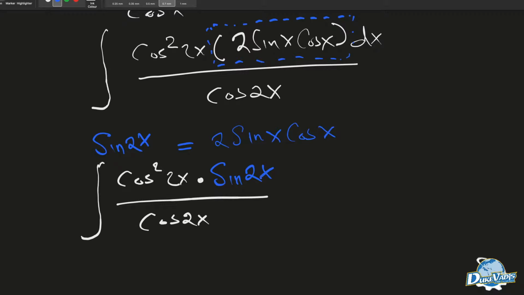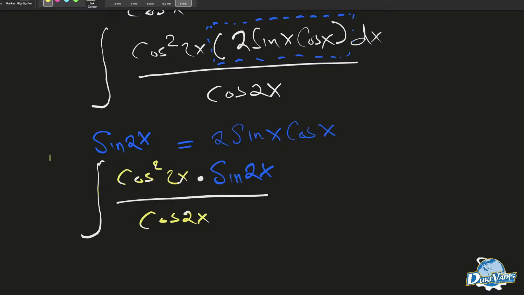What can we do? We realize that this cos 2x will cancel one of the cos 2x. So this will cancel this by 1.